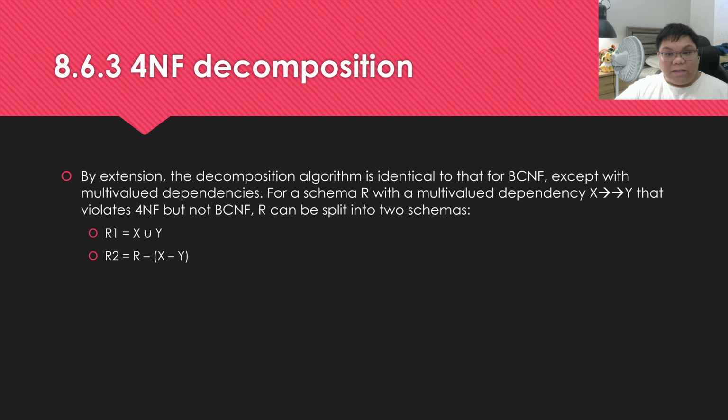It means that by extension, the decomposition algorithm for fourth normal form is identical to that of Boyce-Codd normal form, except it, of course, uses multi-valued dependencies. For a schema R with a multi-valued dependency x double arrow y that violates fourth normal form, but not Boyce-Codd normal form, we can split R into two schemas, R1, whose schema is the union of x and y, and R2, whose schema is R minus x minus y.